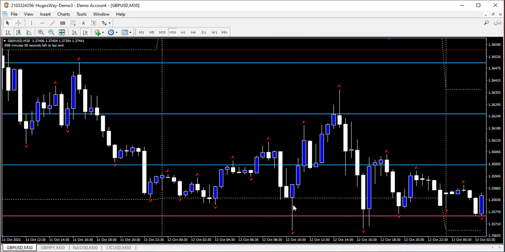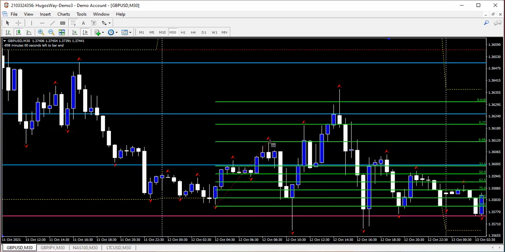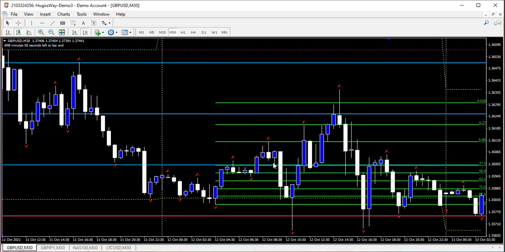Now, as you can see, price did come back and continue bearish, but price broke structure here because you had a low, a high, a higher low, a higher high. Now price broke structure, so I take my fib tool out to see what type of retracement I'm going to get.